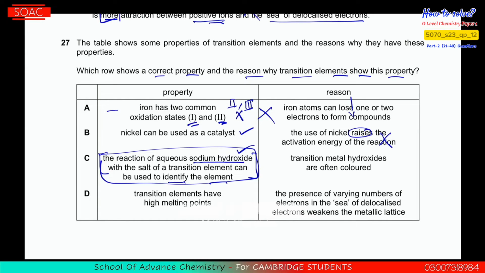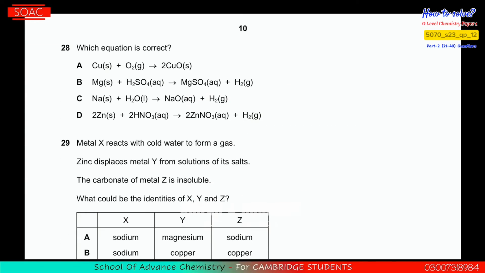And the reason, transition metal hydroxides are often colored, yes, it is true. They are colored precipitates. So yes, option C is the correct option. There is no need to check option D in this case.